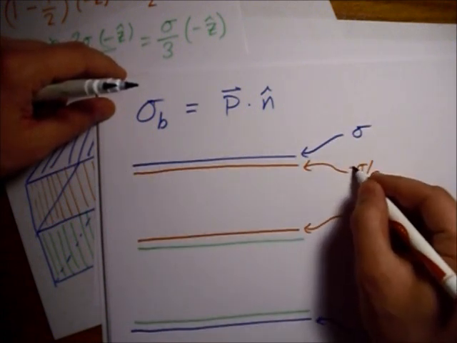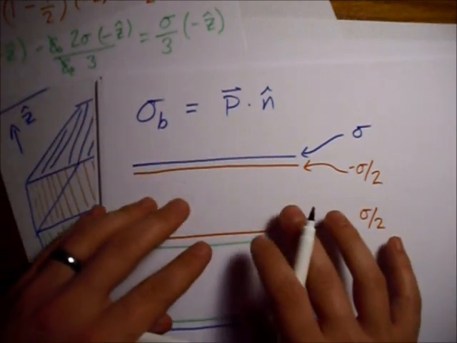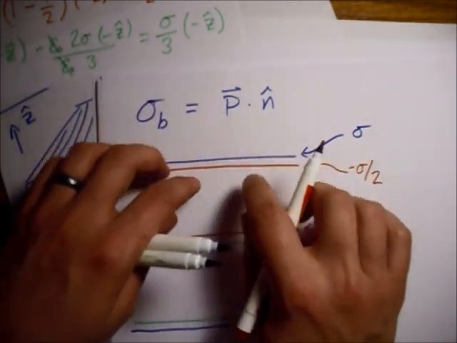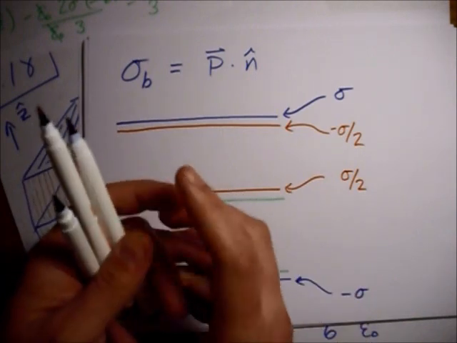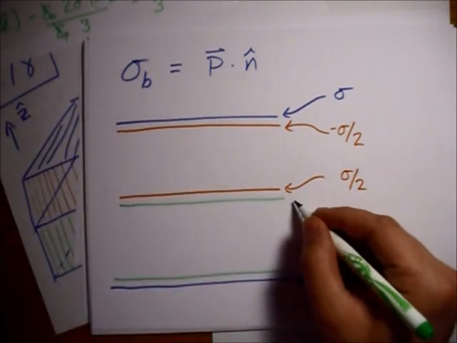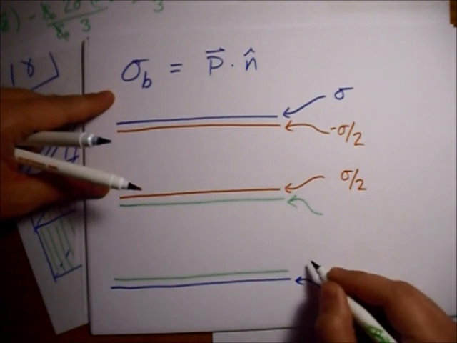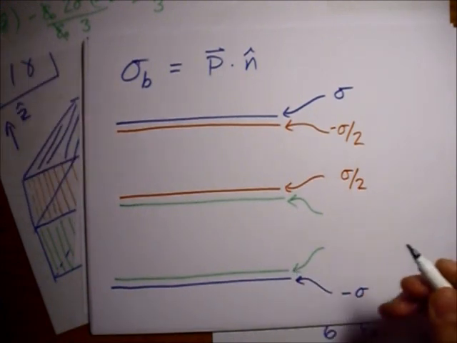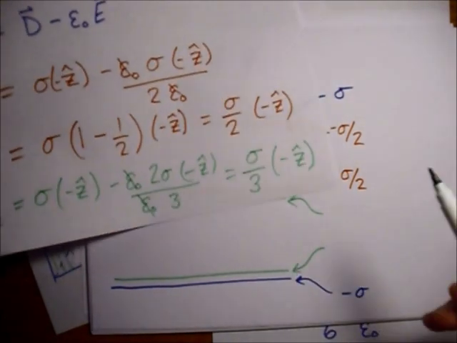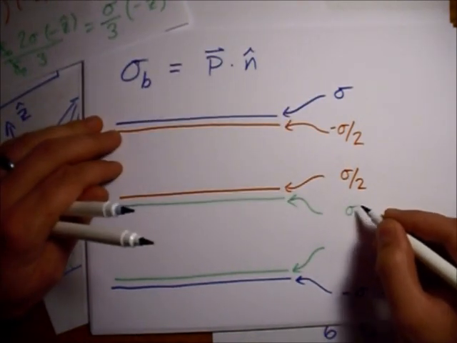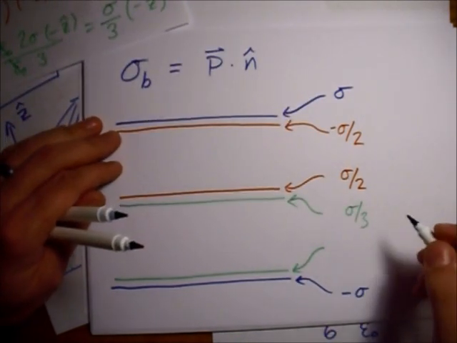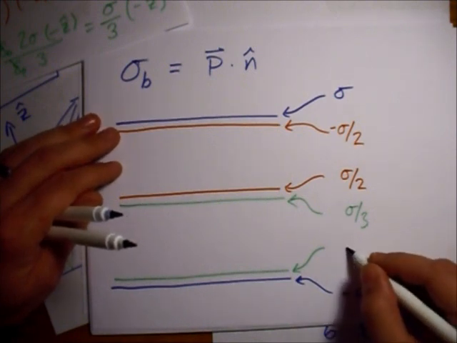So the one that's next to that will be negative. These negative bound charges are attracted to this positive one. Looking at the green one, we look at the magnitude of our polarization and we get sigma over 3. So the magnitude of these are sigma over 3.